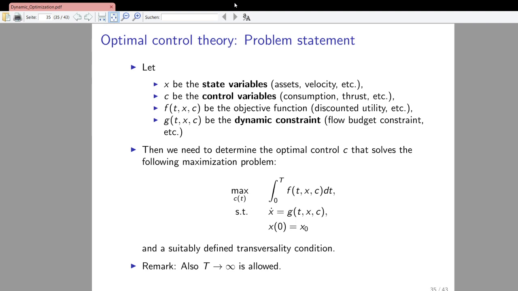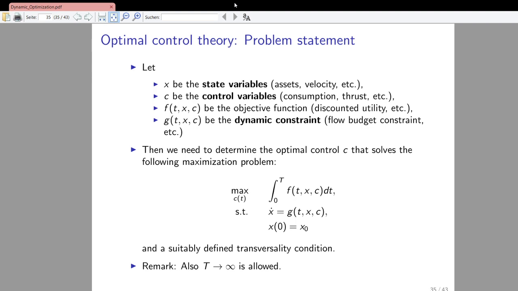Then f of t, x, and c in general terms will be the objective function. So in case of the problem of maximizing utility, that's discounted utility, which is what I want to maximize. It could also be the payload of the rocket or something else. And g of t, x, c is the general formulation of the dynamic constraint, for example, the flow budget constraint or certain natural laws governing velocity.